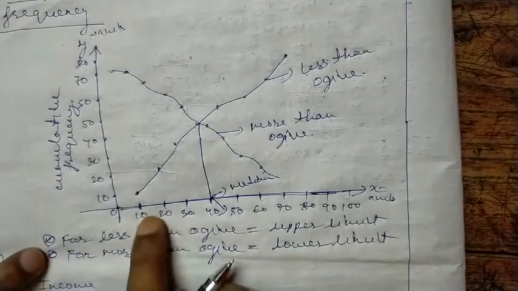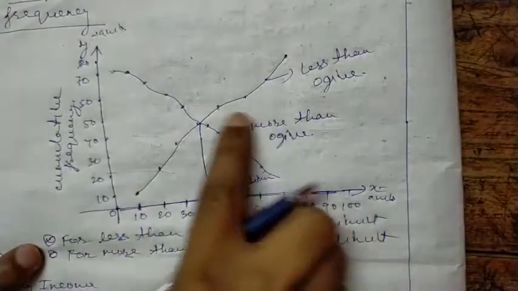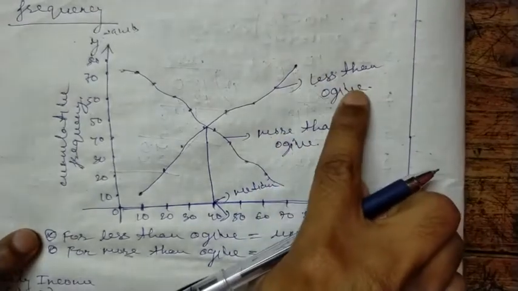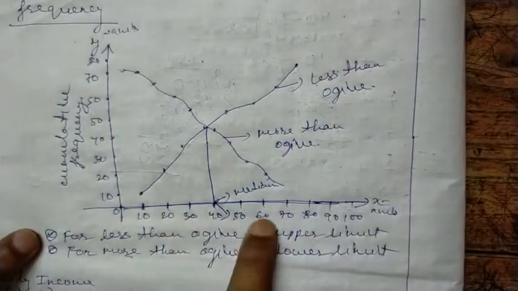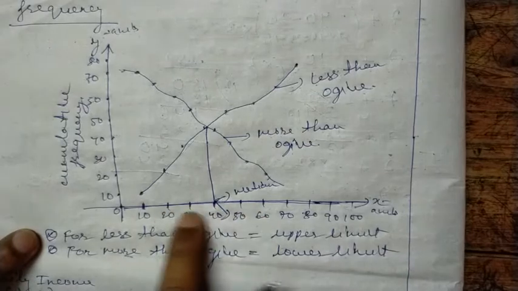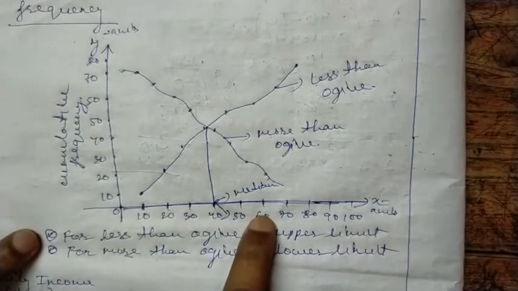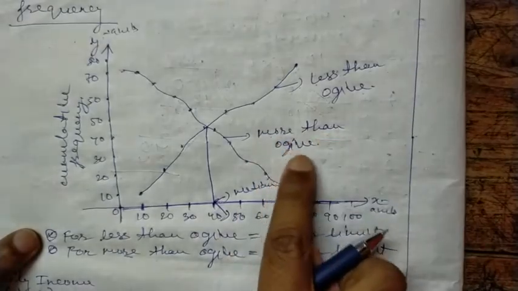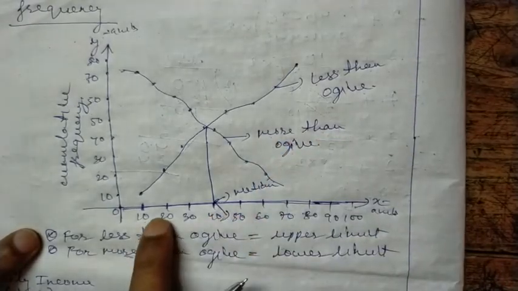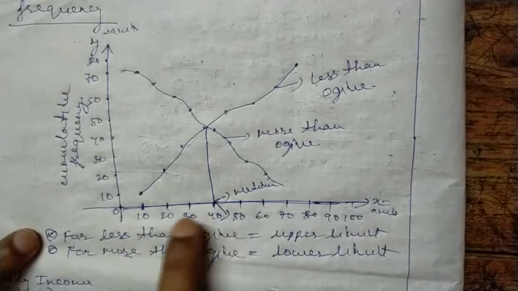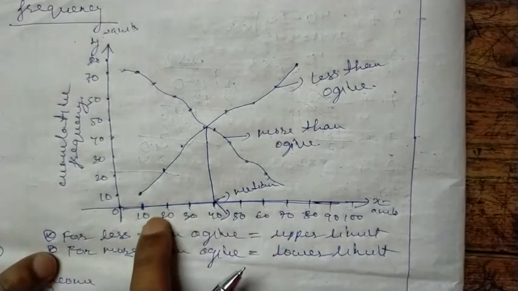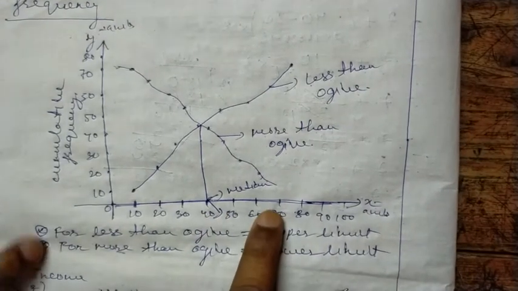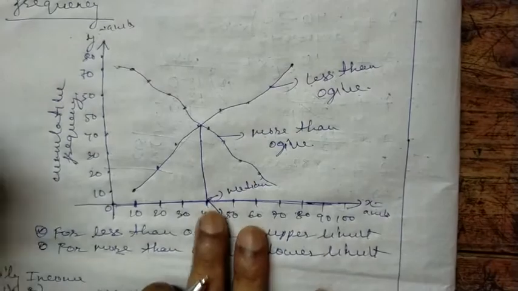If we draw the less than ogive, you have to write the upper limit on the x-axis. If we draw the more than ogive, we have to write the lower limit. Keep this thing in mind. I've explained this to you.